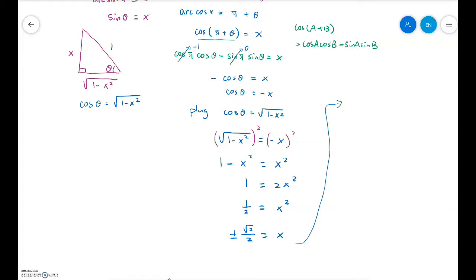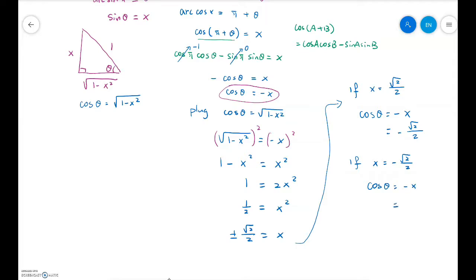If x equals positive square root 2 over 2, then from this equation, cosine of theta equals negative x, which is negative square root 2 over 2. If x equals negative square root 2 over 2, then cosine of theta equals negative x, which is positive square root 2 over 2.